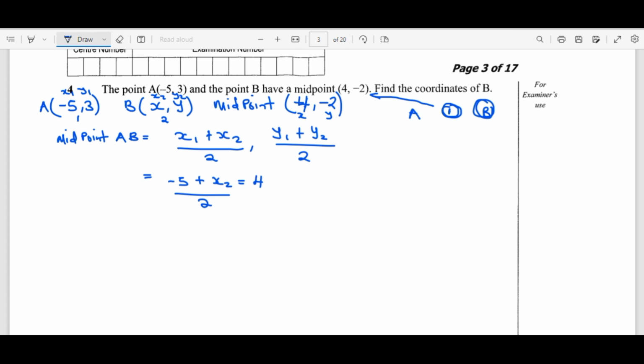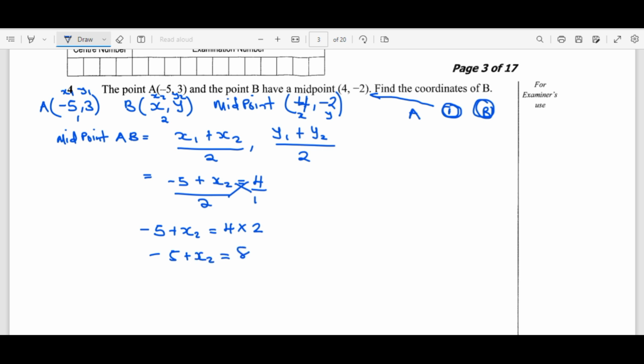So we would say over 1, and then you cross multiply. So negative 5 plus x2 is equal to 4 times 2, which is 8.